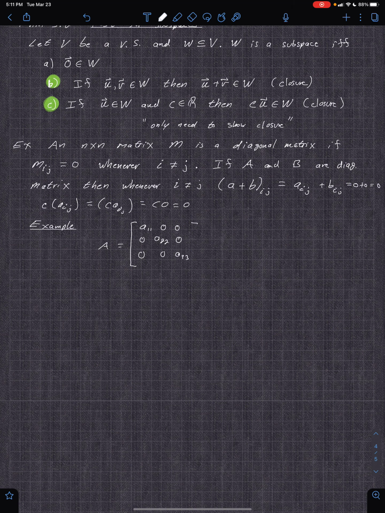That's what a diagonal matrix looks like. And then B needs to be the same size matrix: B11, 0, 0, 0, B22, 0, 0, 0, B33.